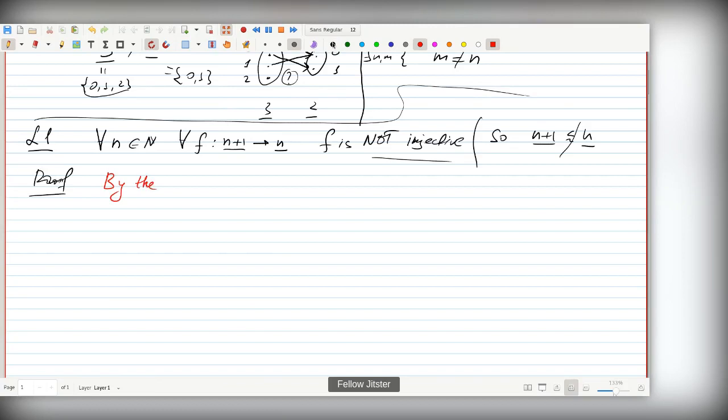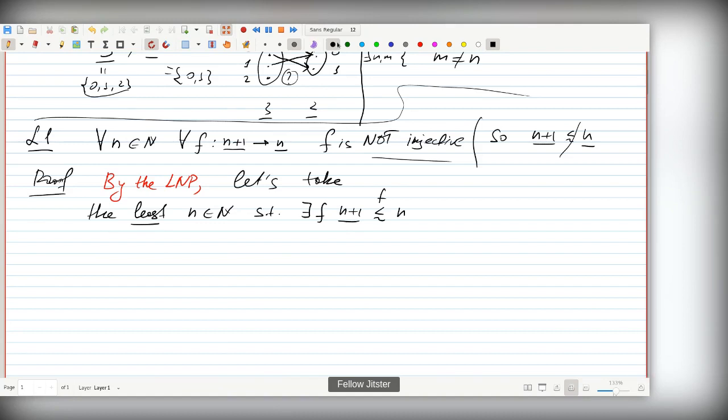By the least number principle, let us take the least natural number n such that there exists an injection from n plus 1 to n.